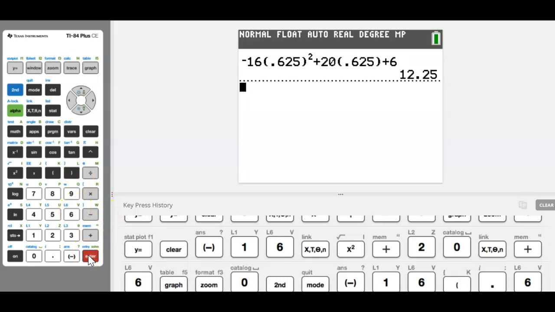Enter. And so the maximum height that this ball reaches is 12.25 feet, and it reaches that height after 0.625 seconds have elapsed or passed. Okay?